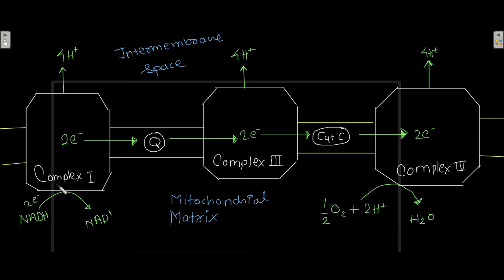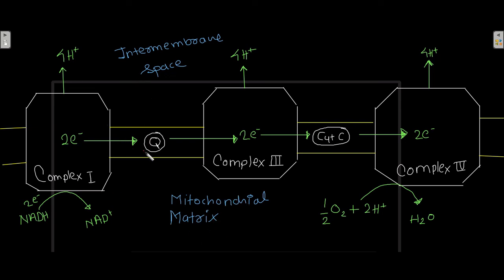As you know, at complex 1, NADH comes, gets converted into NAD+, and releases its 2 electrons. Now these 2 electrons go to the coenzyme Q, and in this process 4 protons are transported from the mitochondrial matrix to the intermembrane space.